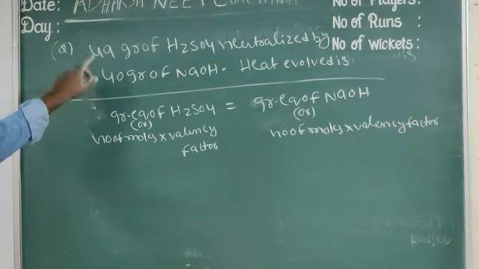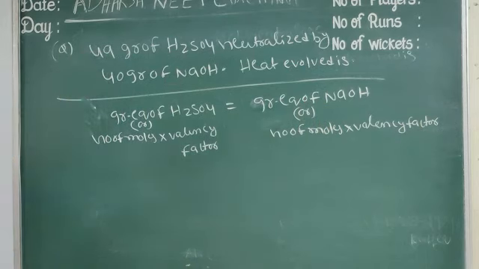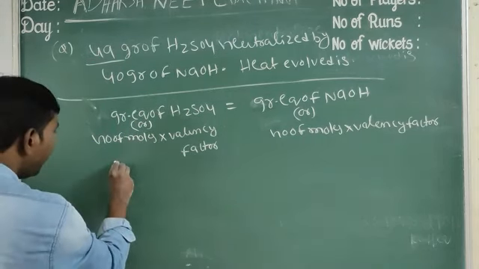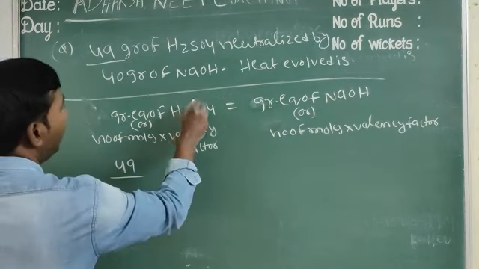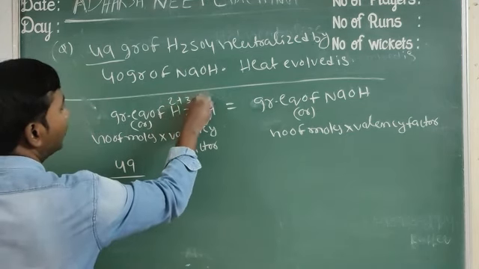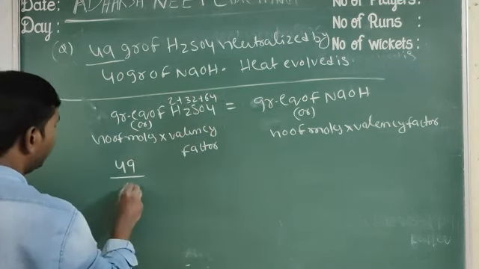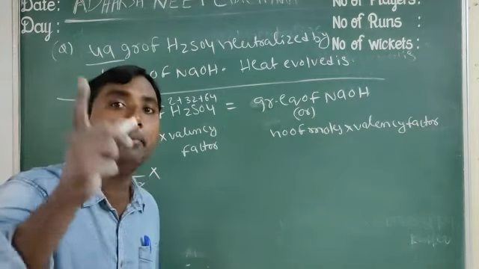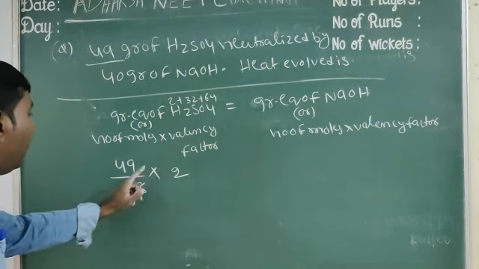For H2SO4, how many moles do we have? The weight given is 49 grams. Number of moles is weight by molecular weight, so 49 divided by the H2SO4 molecular mass of 98, which is 1 by 2.